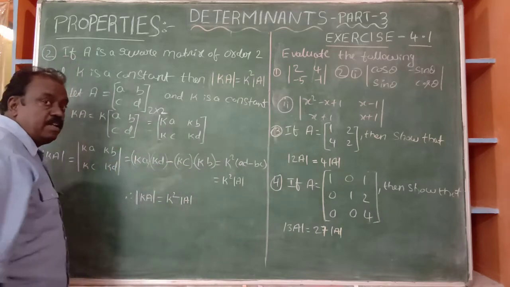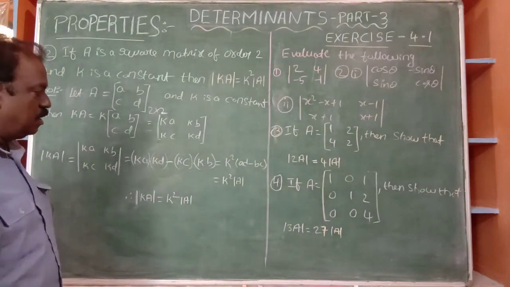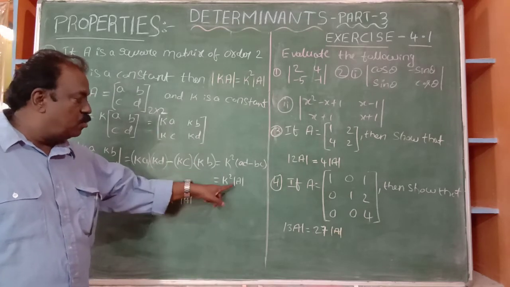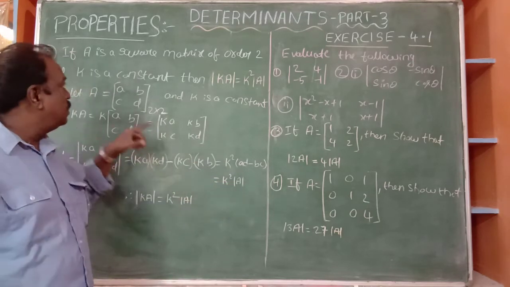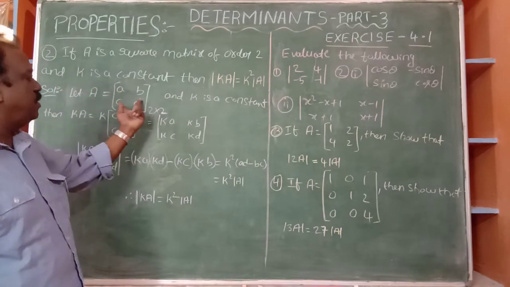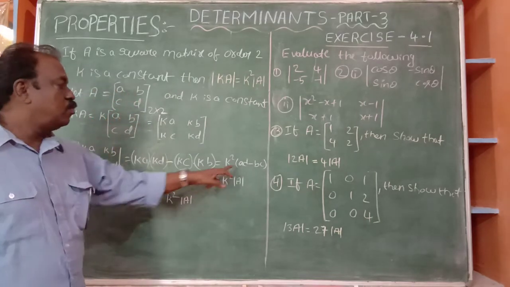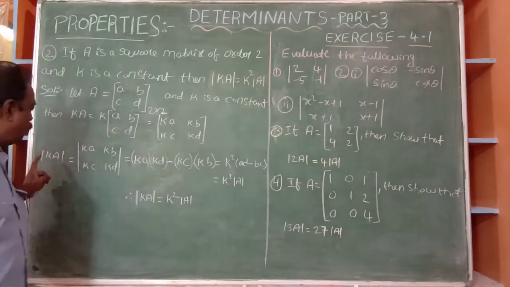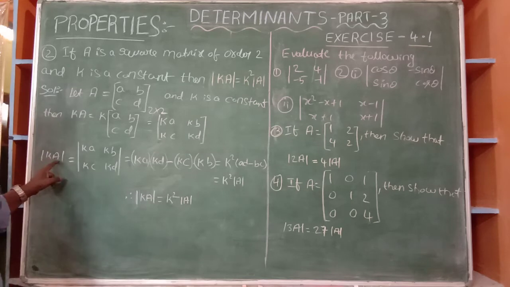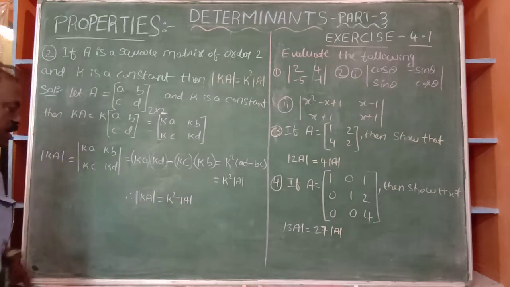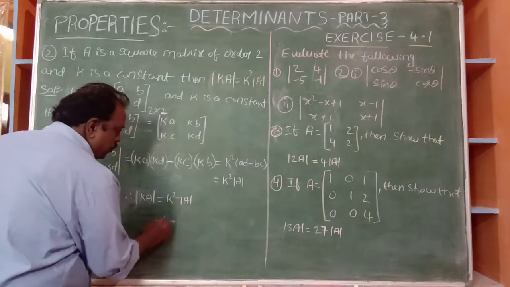That ad minus bc, in the last video also I told that the determinant of a 2 by 2 matrix is ad minus bc. So we considered det(Ka) and we proved that it is K square times det A. Hence the theorem.